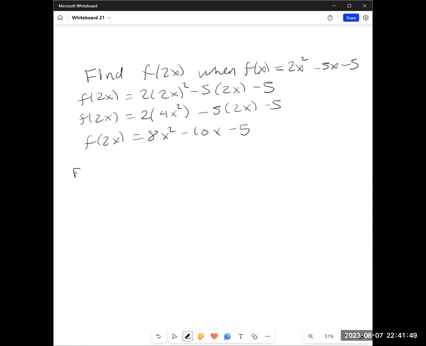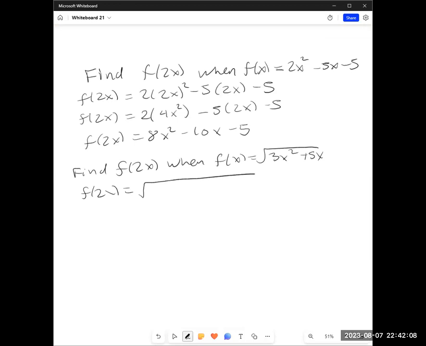Let's do another one where we're going to find f of 2x. This time, f of x is equal to the square root of 3x squared plus 5x. So f of 2x is going to be equal to the big square root of 3 times the quantity 2x squared plus 5 times 2x.